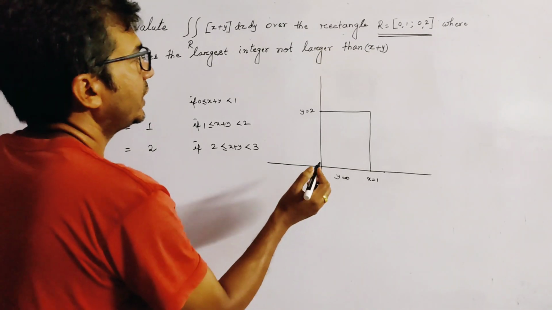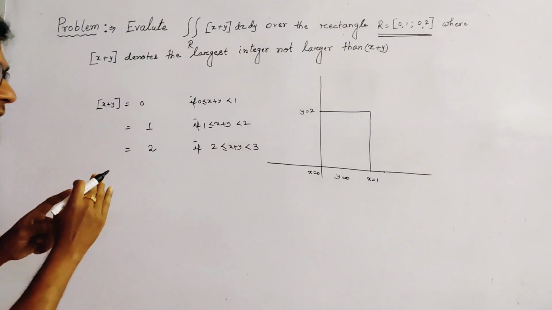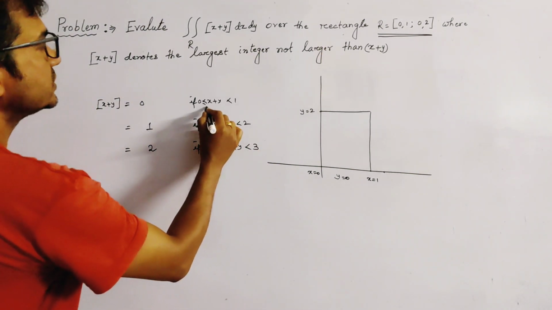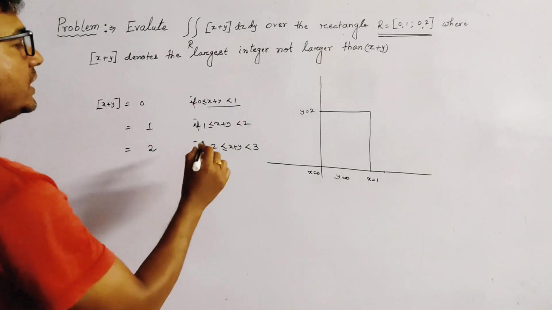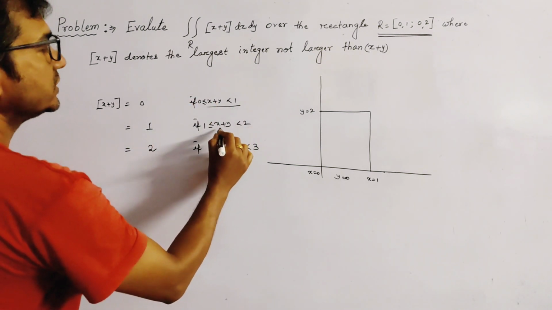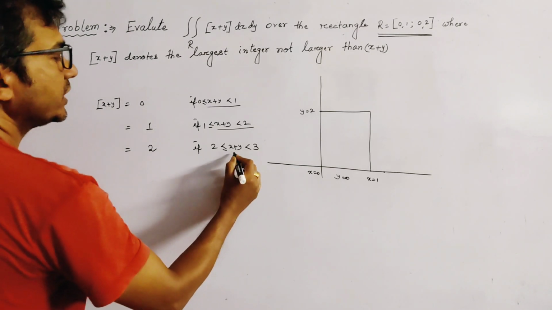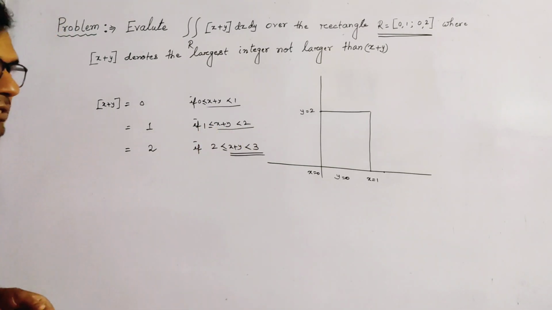Now here we draw 3 parallel lines. The first line is x plus y equal to 1, the second line is x plus y equal to 2, and the third line is x plus y equal to 3. Why x plus y equal to 3?